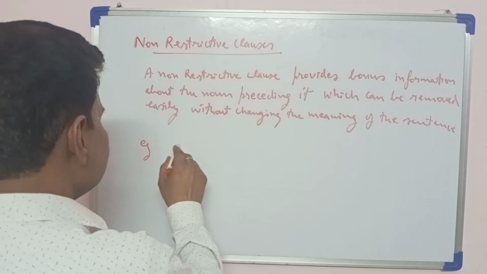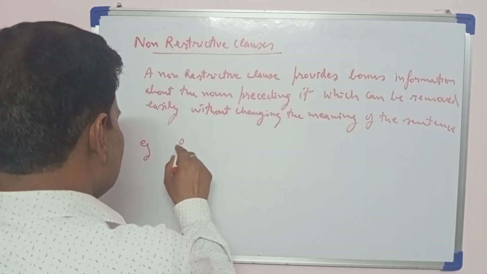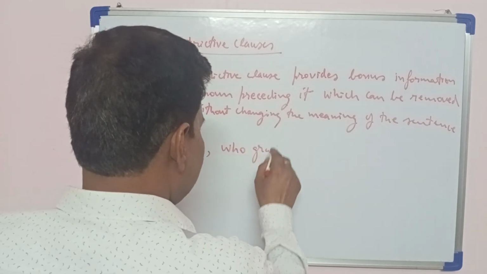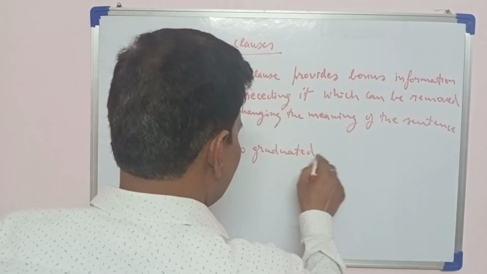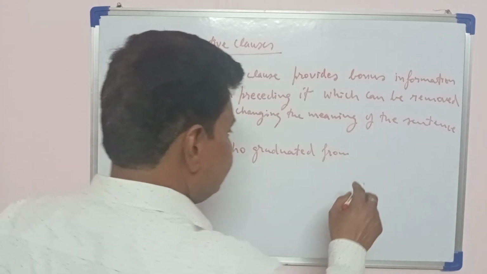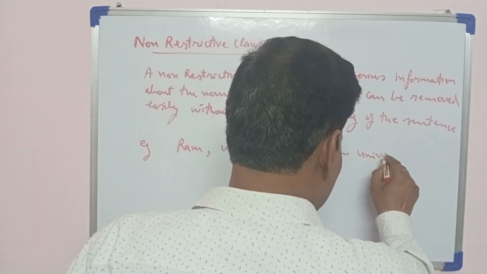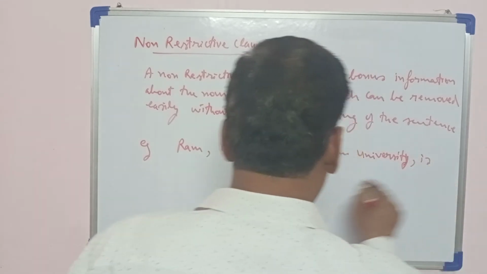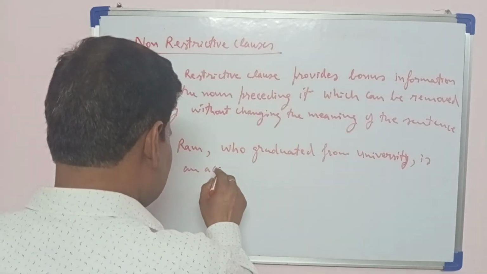See the example. Ram, who graduated from university, is an accomplished singer.